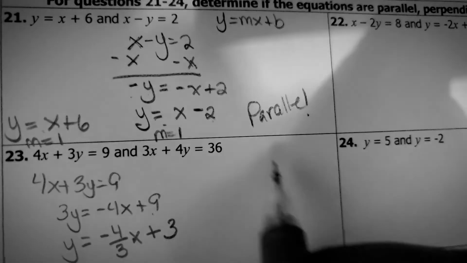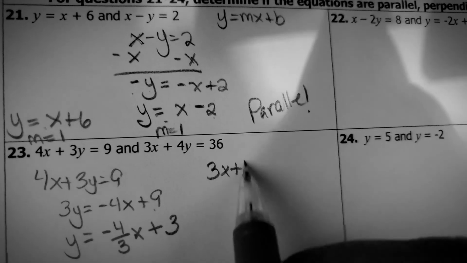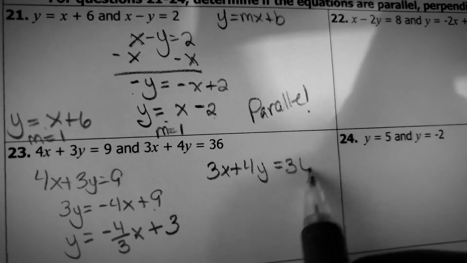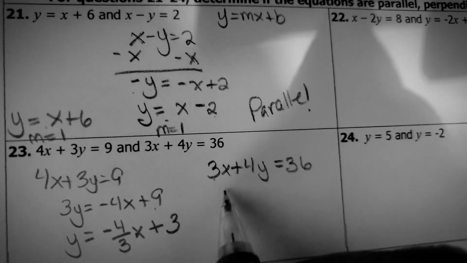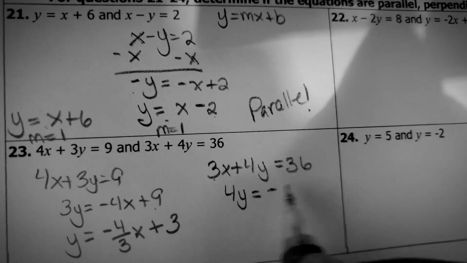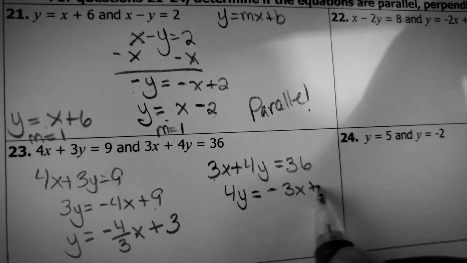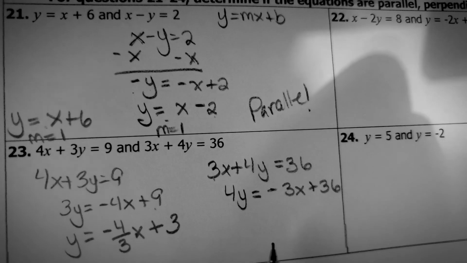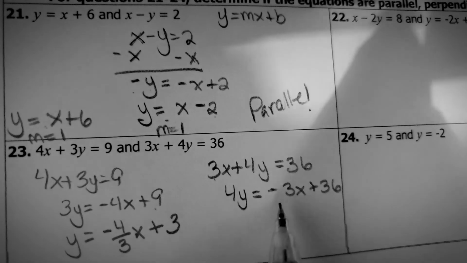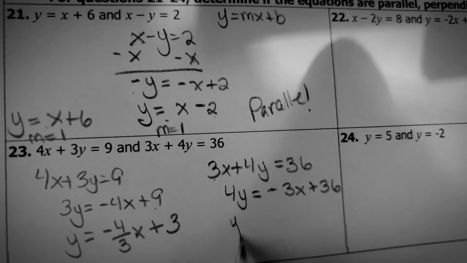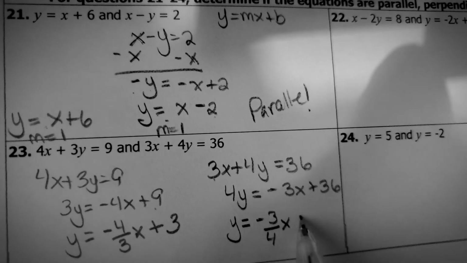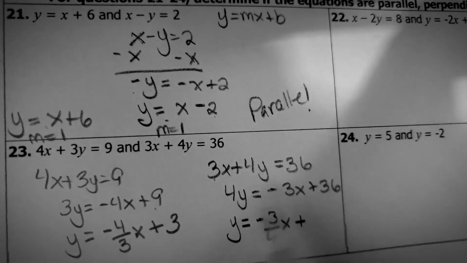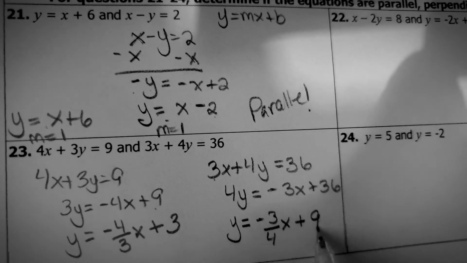The second one, I have 3x plus 4y equals 36. So I'm going to move over the 3x term. So I get 4y is equal to negative 3x plus 36. I'm going to divide everything by 4 to get y by itself. I have y is equal to negative 3/4 x plus, and then 36 divided by 4 gives me 9.